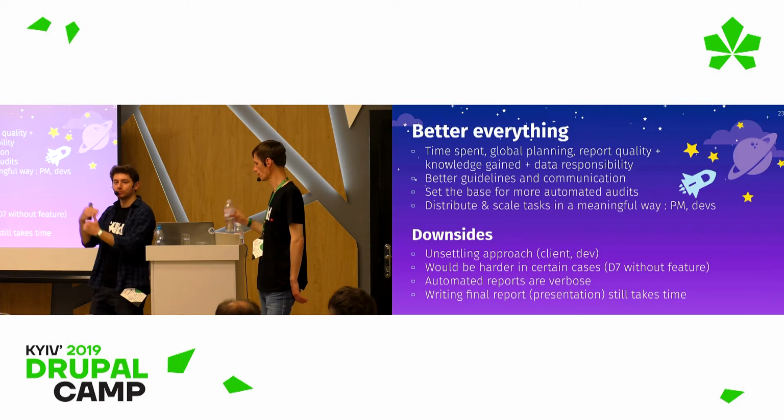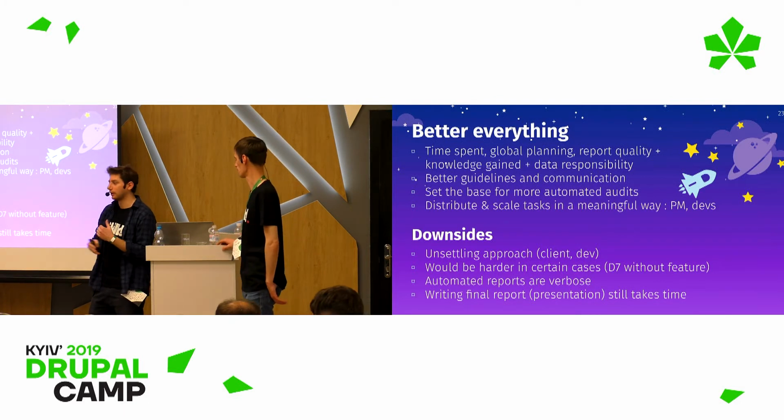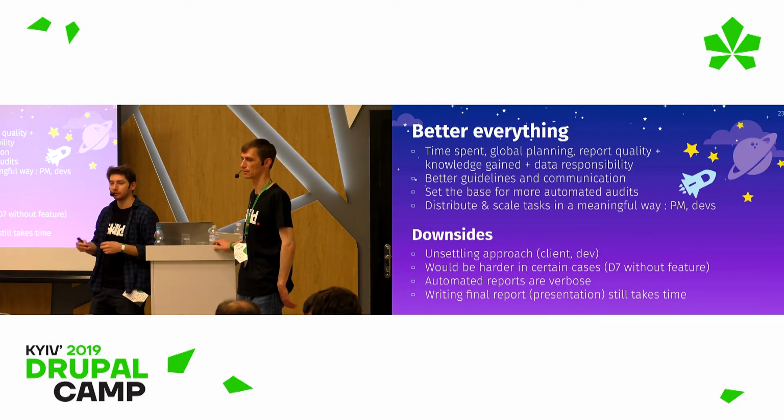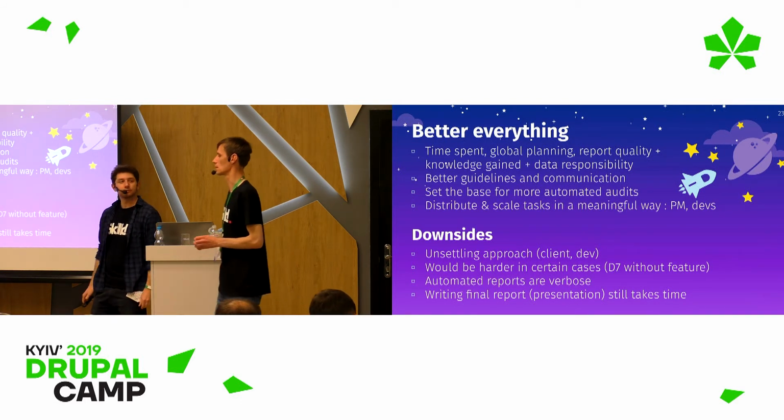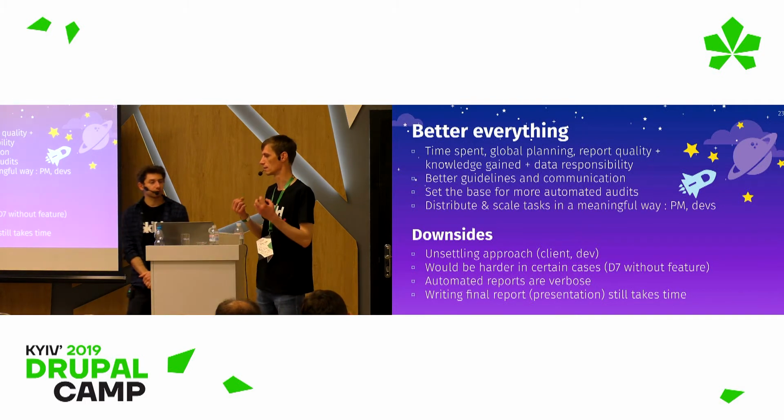It's hard to take off what is not meaningful to the website and just find a message from all these reports that are a little bit verbose. And writing the final report is still not so easy because you have to be careful about a few things.